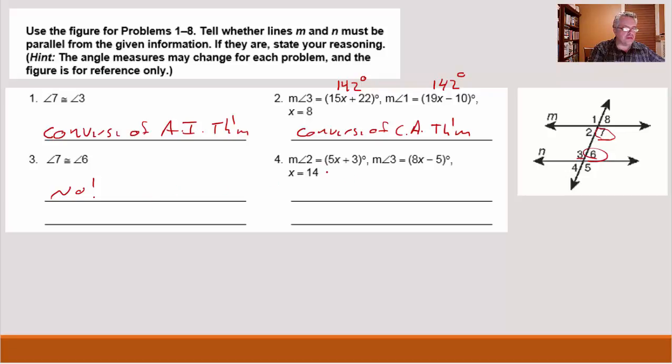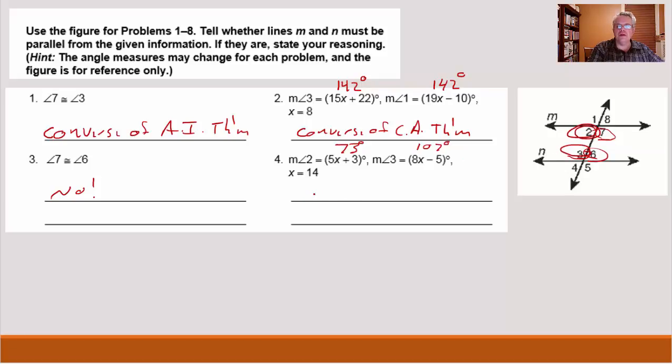All right, check this one out. What if the measure of angle 2 is this? The measure of angle 3 is that when x equals 14. Well, if you plug in x equals 14, you find out that this is 73 degrees, and this is 107 degrees. 73 and 107 is 180, so that makes 2 and 3 supplementary. 2 and 3 are same side interior angles.